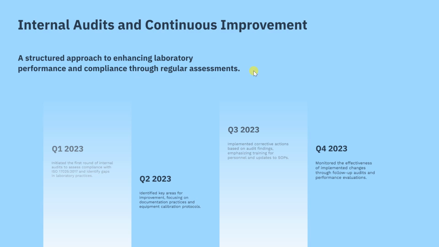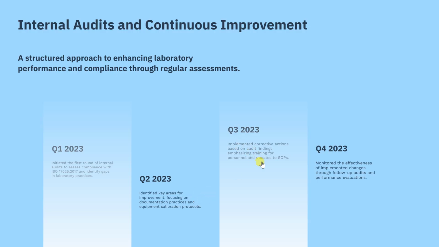Now, for quarter one, for example, this is an example of a well-structured approach to enhance laboratory performance and compliance through regular assessment. In quarter one, back in 2023, we initiated the first round of internal audits to assess compliance with ISO standard 17025 and identify gaps in laboratory practices. In quarter two, we identified key areas for improvement, focusing on documentation practices and equipment calibration protocols.